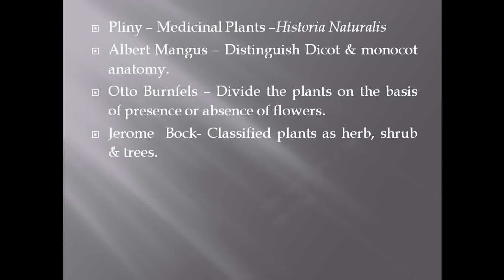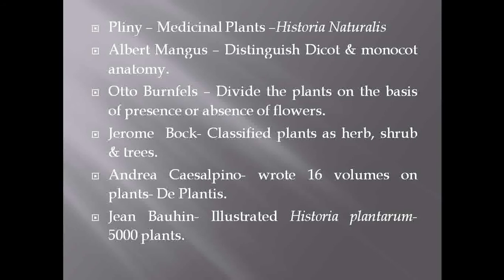The scientist Pliny, in his book Historia Naturalis, wrote information about medicinal plants. Then the scientist Albertus Magnus distinguished the dicot plants from the monocot plants depending upon their anatomical characters.